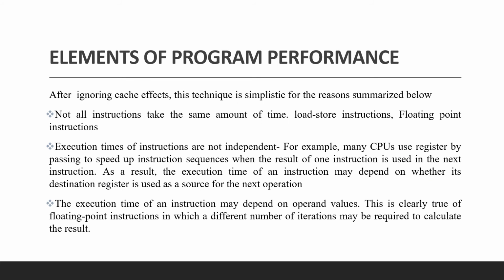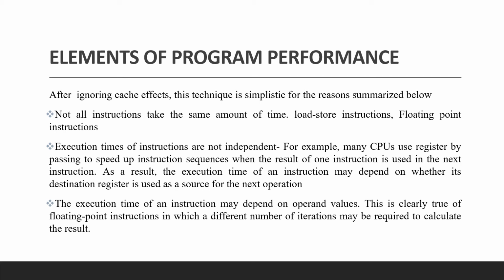After ignoring the cache effects, the techniques are summarized below to calculate the execution time. Not all the instructions take the same amount of time. For example, load store instruction takes the longest execution time, whereas the floating point instruction takes different execution time for different data types.